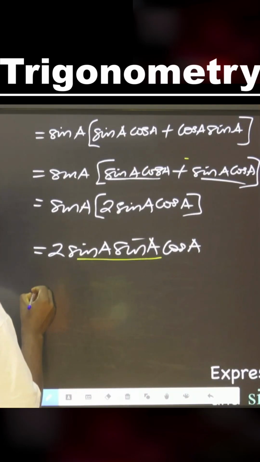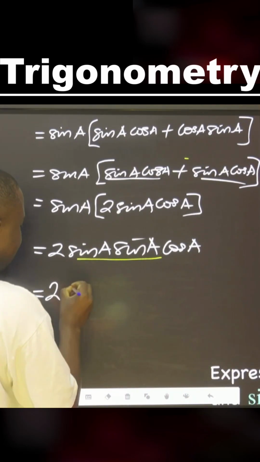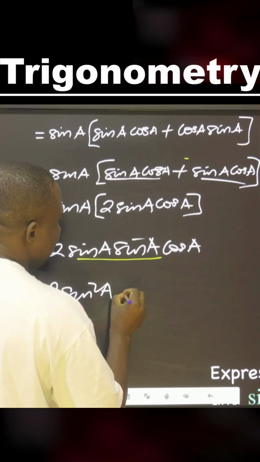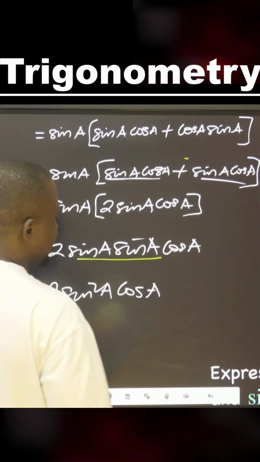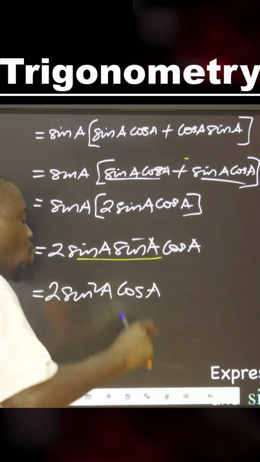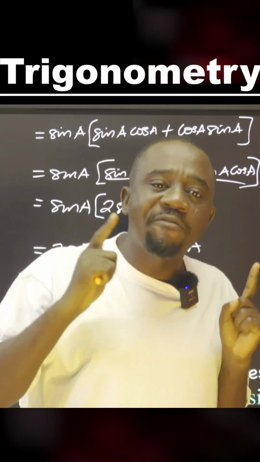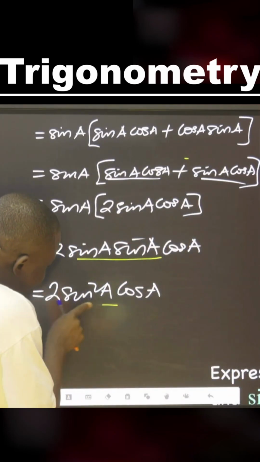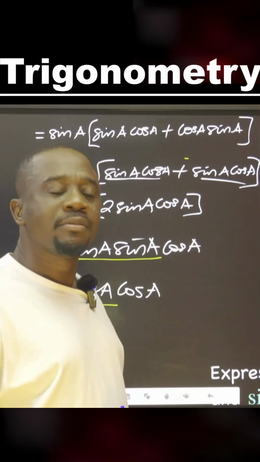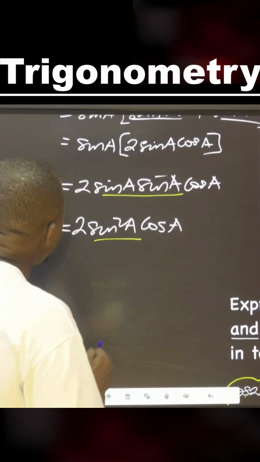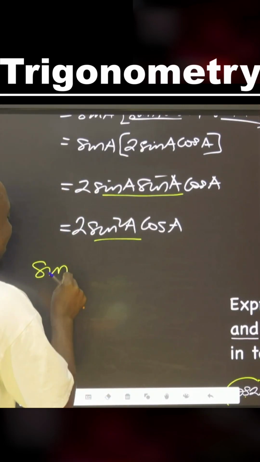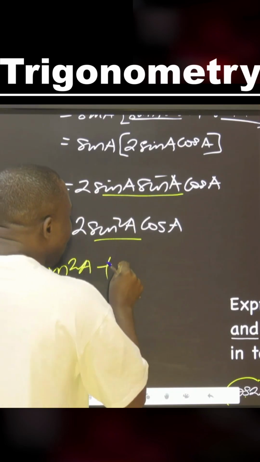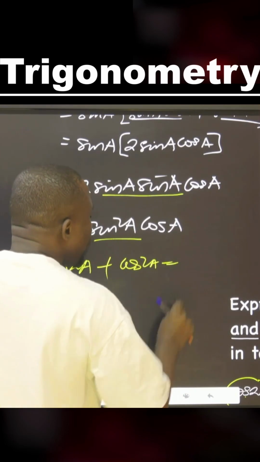What is this all about? It means 2 sine squared A cos A. Now, we were told to leave our answer in form of cos A, but this needs to leave. What is this again? You remember it again: sine squared A plus cos squared A is equal to 1.